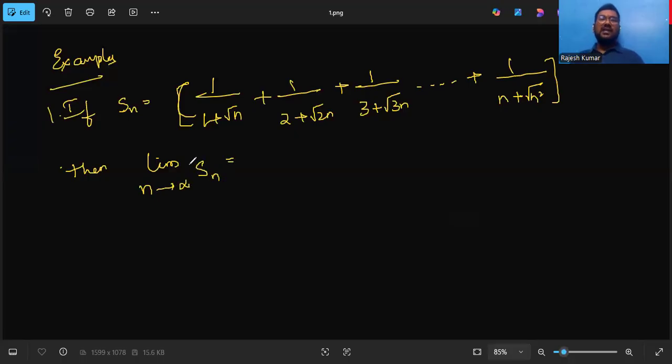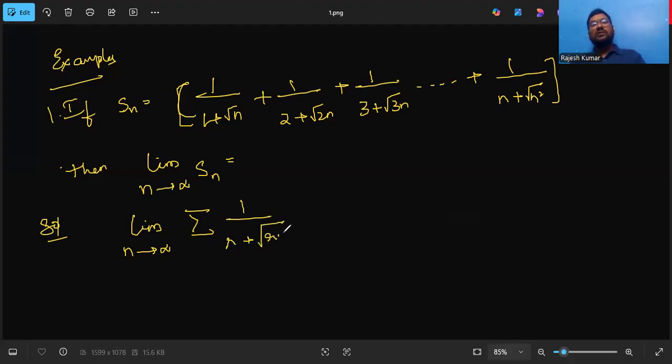Kindly understand, they gave a finite sum, and they are asking what it becomes as an infinite sum. So it can be written as the limit as n tends to infinity of the sum of 1 by r plus square root of rn, where r is moving from 1 to n.